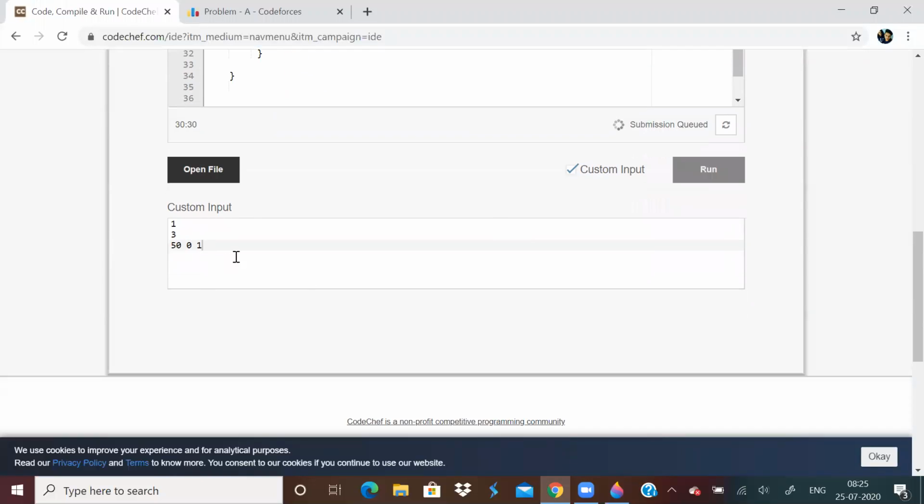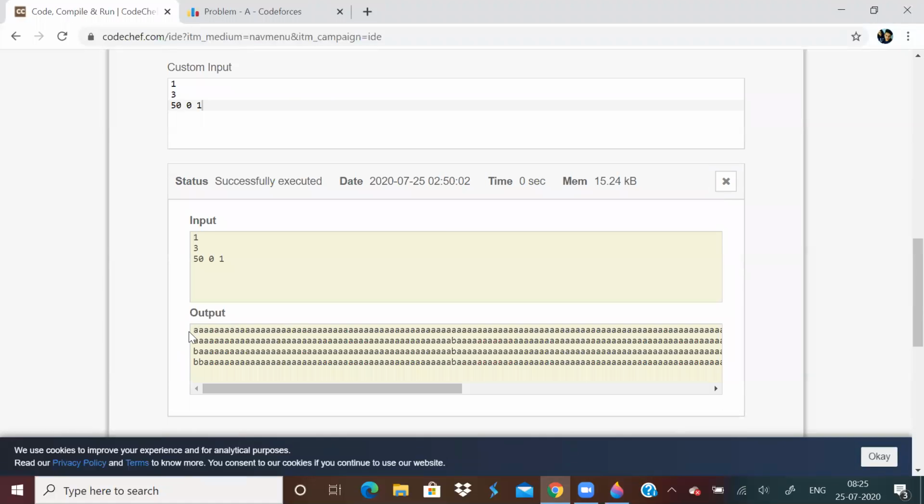I have taken some random example when I was solving. You can see 50 means the first and second strings should have a common longest prefix of length 50. You can count until here, it will be 50 for both. Then this character is changed. So for first and second, the length is 50.